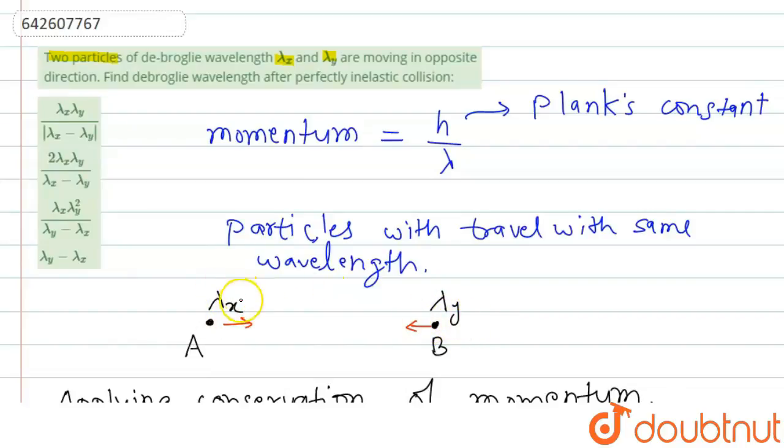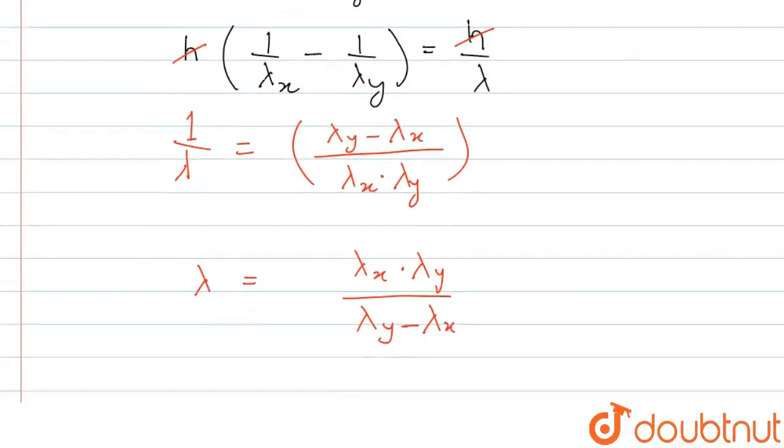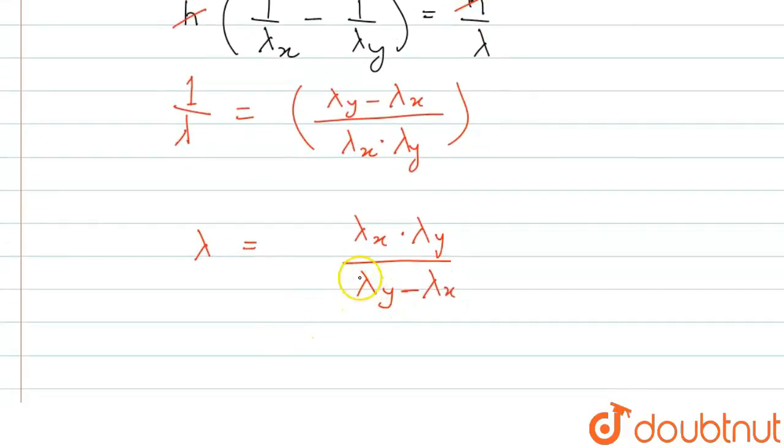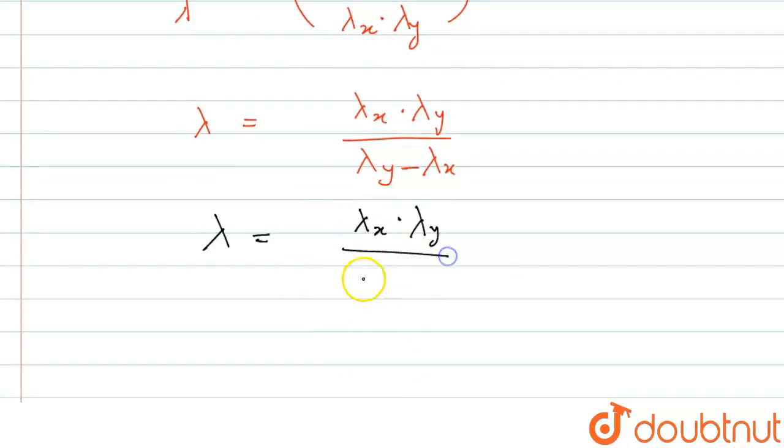Suppose we take lambda y this side and lambda x that side, then again the quantity will come lambda x minus lambda y. So for that we can write lambda x into lambda y divided by lambda x minus lambda y. In both cases we'll get the lambda.